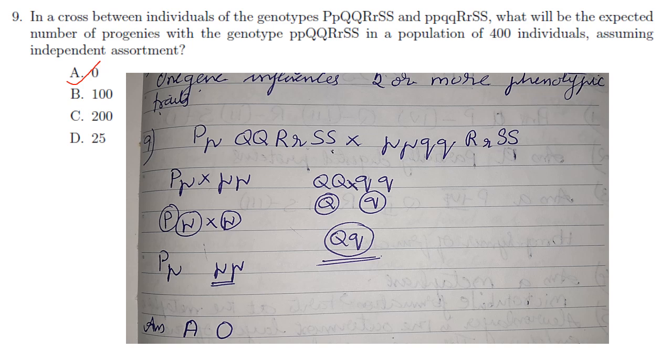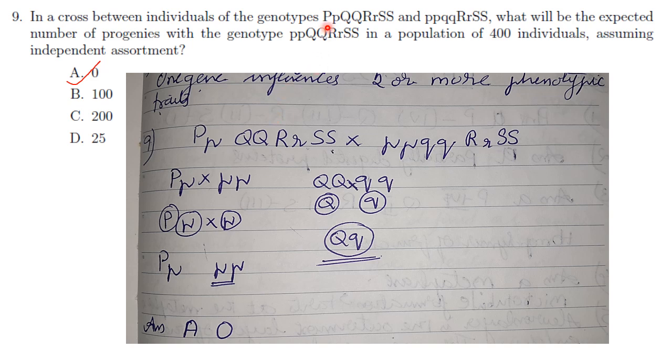So this is the cross between these genotypes, that is this genotype and this genotype. What will be the number of progenies with the genotype this? What they have given in the question. I am not telling capital P, small p, capital Q. It will take a lot of time. You can see it over here in the question.